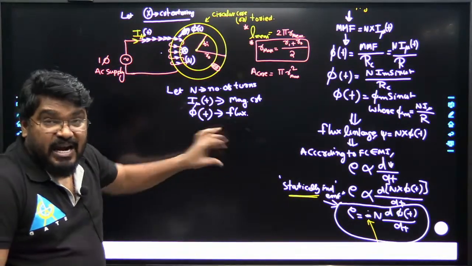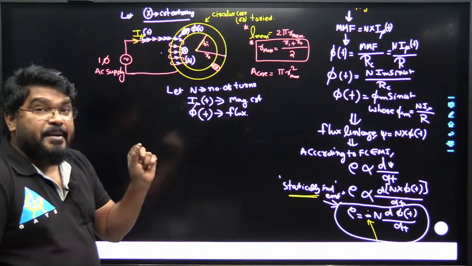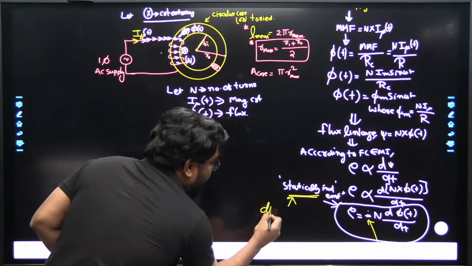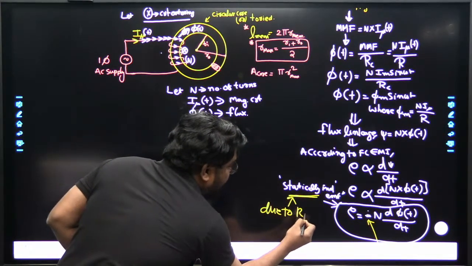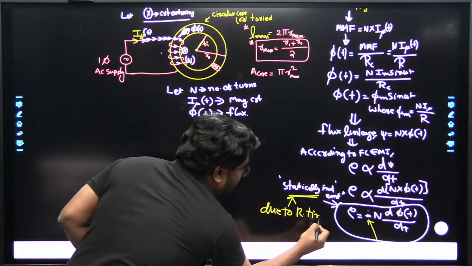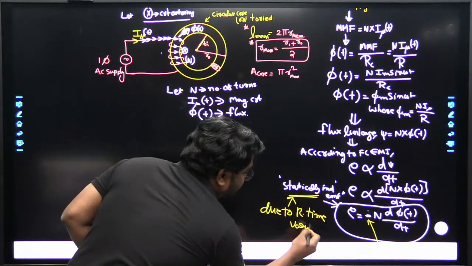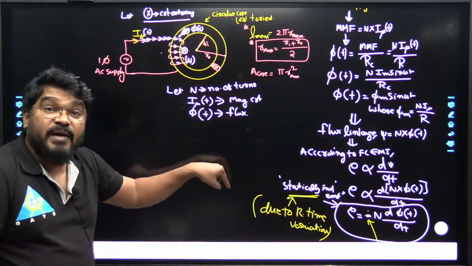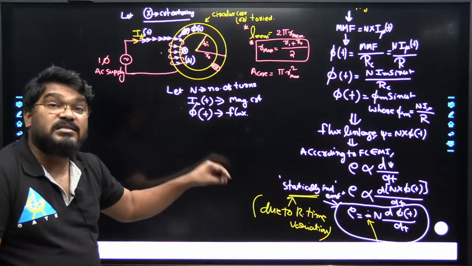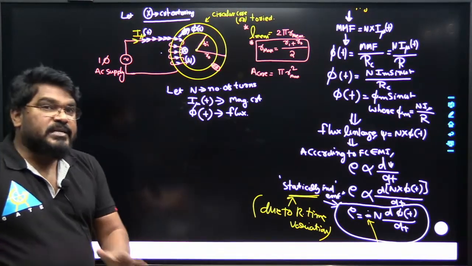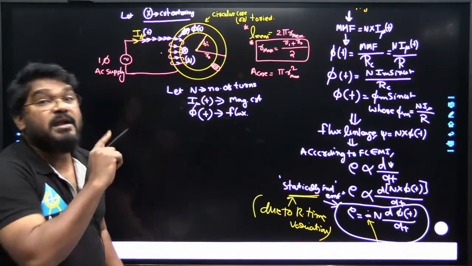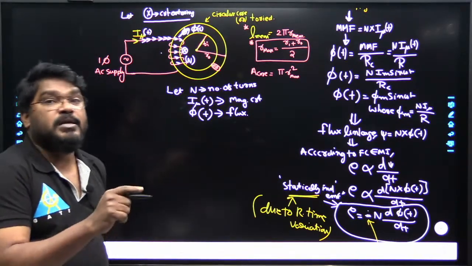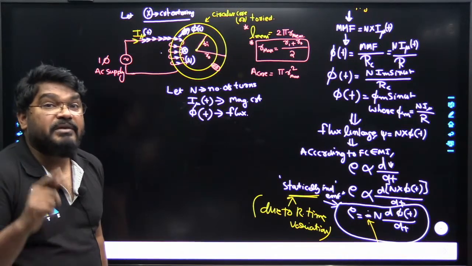So why is it statically induced EMF? The EMF is induced in a coil due to the relative time variation between the magnetic field and the set of conductors. That's why it is treated as the statically induced EMF. There is one more induced EMF, the dynamically induced EMF, due to relative motion between the magnetic field and conductor.